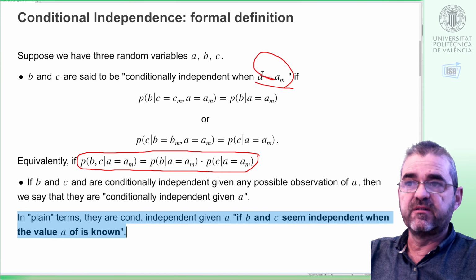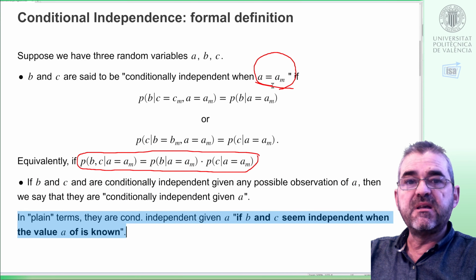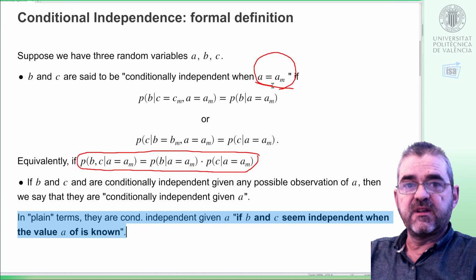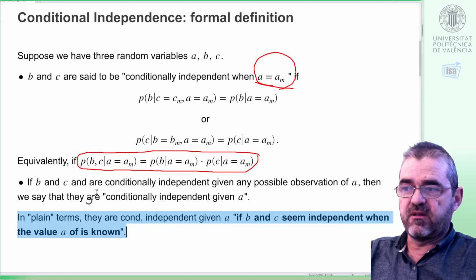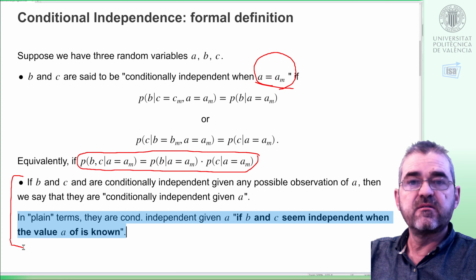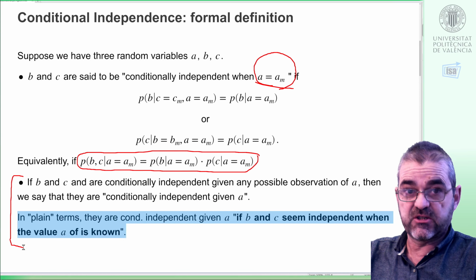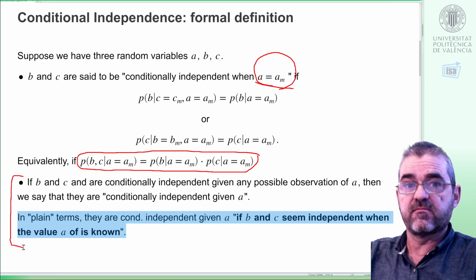The first definition meant that B and C looked independent when a given coin is heads, and the bottom definition means that they seem independent when a given coin is heads or when a given coin is tails, as long as I know the result of the coin.